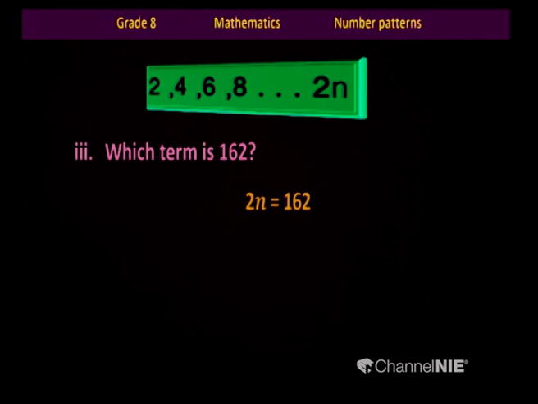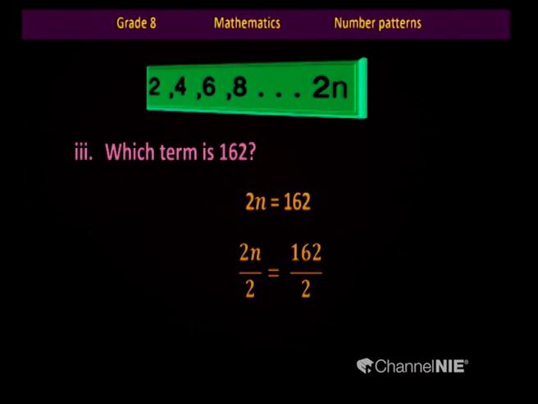Right. Now, since it is a simple equation, by now you know how to simplify this simple equation. Simplifying an equation in a sense, we have to have the unknown term in one side and we have to take all the other values to the other side. 2n means 2 multiplied by n. So, to get rid of the multiplication of n, we have to divide both sides by 2.